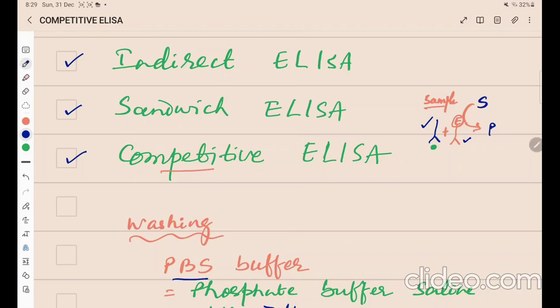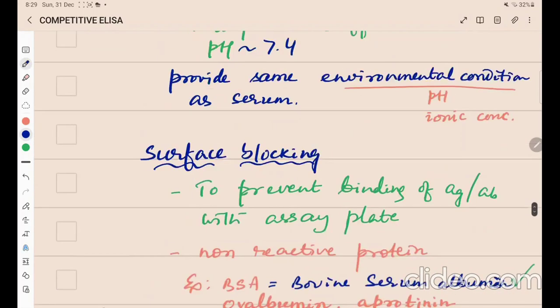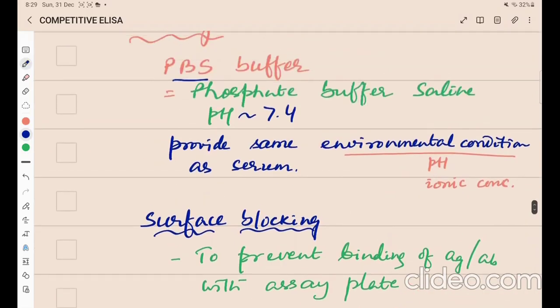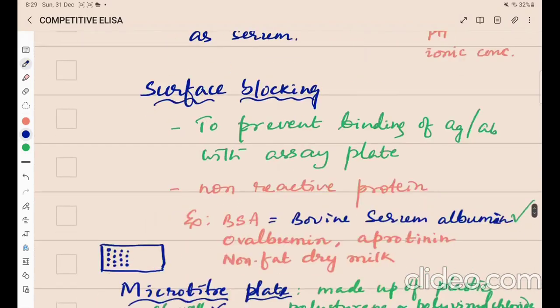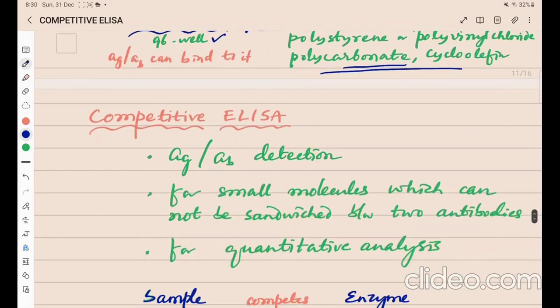If the antibody in the sample is more, then that will bind to the antigen. If the antibody in the sample is less, then the antibody conjugated with the enzyme will bind. And if the antibody conjugated with the enzyme binds, then there will be a change in color if we add the substrate. We have already discussed what type of enzymes we use, what type of substrates we use, and what are the color changes. So please refer to our earlier classes.